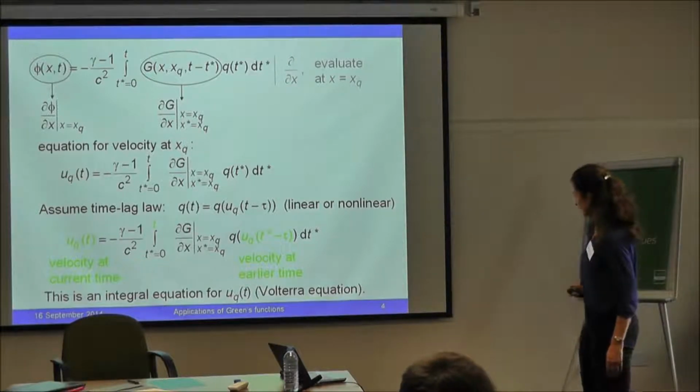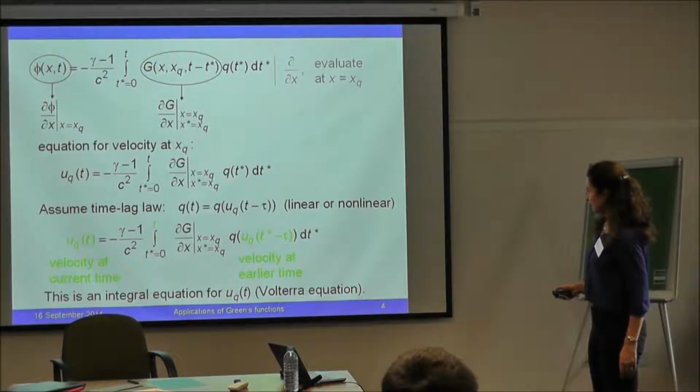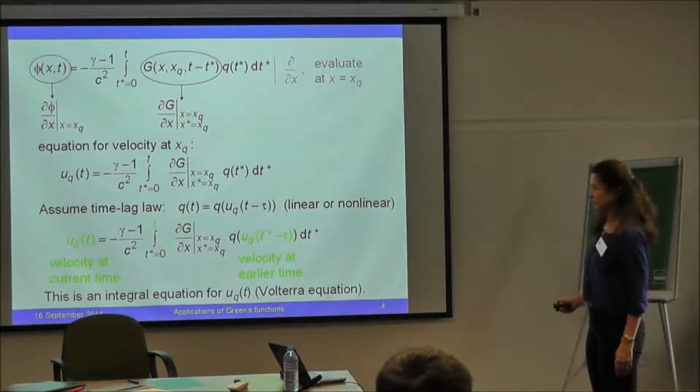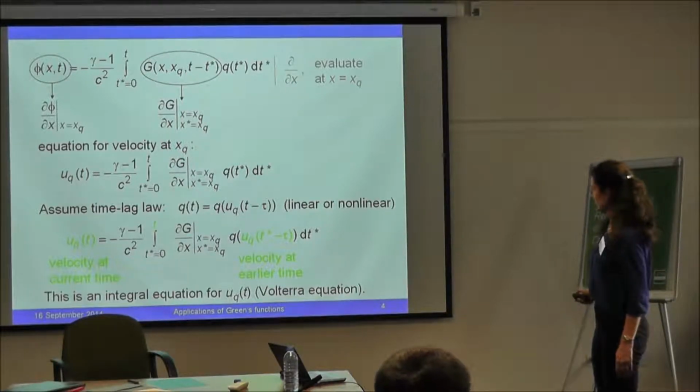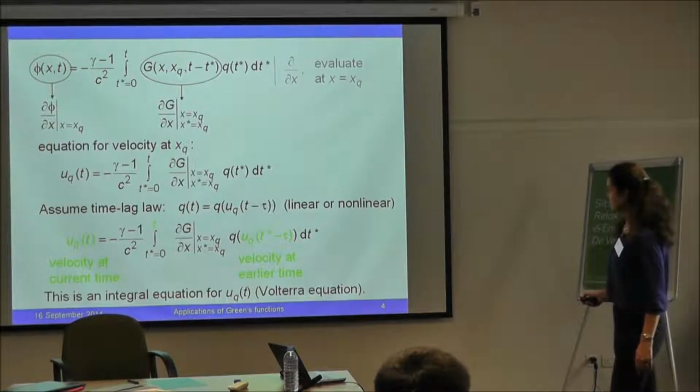Okay, so what we get when we insert our heat release characteristic for q of t is this integral equation. On the left we have the velocity at the current time t. The current time t also appears in the upper integration limit, and then in the integral we have the velocities, but at earlier times.